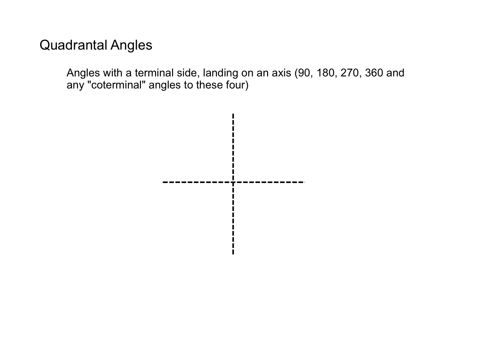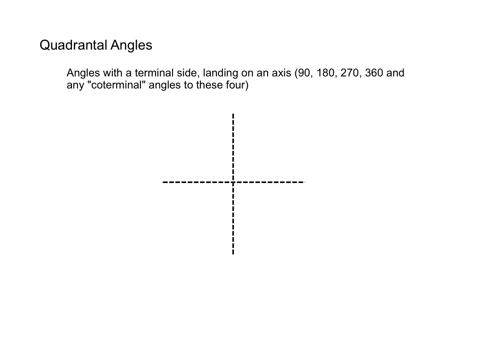Now we do have special angles that, when they land on one of the axes, whether it's the x-axis or the y-axis, when the terminal side is on one of the axes, we call the angles quadrantal angles. And so we have quadrantal angles that would be at 90 degrees.